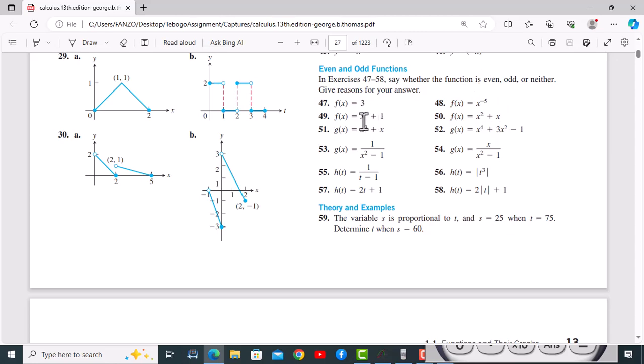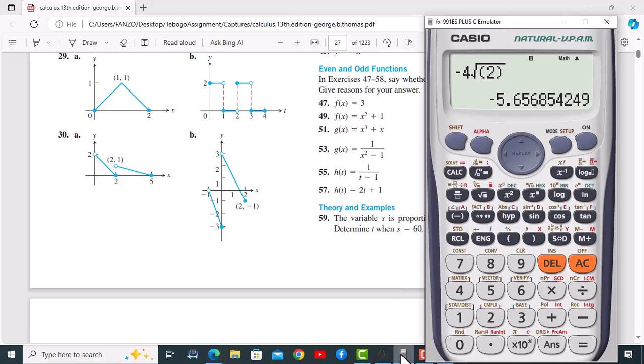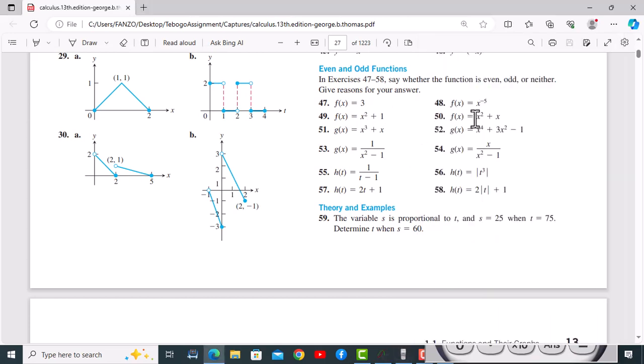This one, it's even. Why? Because if I substitute a negative x value there, I will always get a positive y value. So this is even. It's an even function. Alright. This is also, let me not conclude too fast.